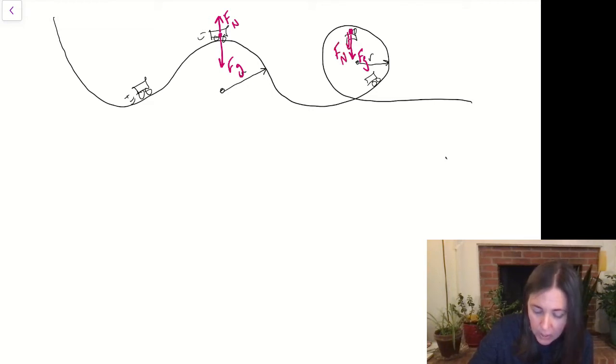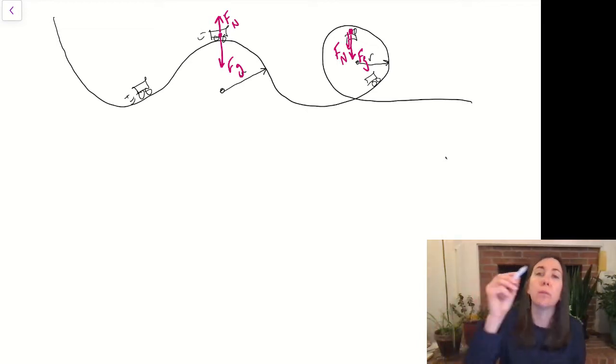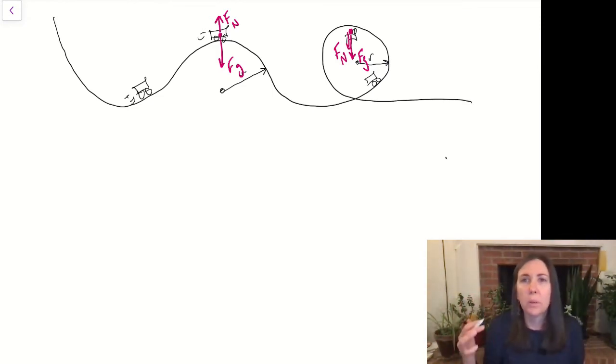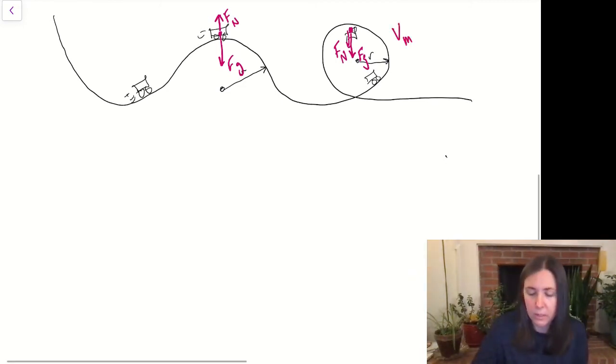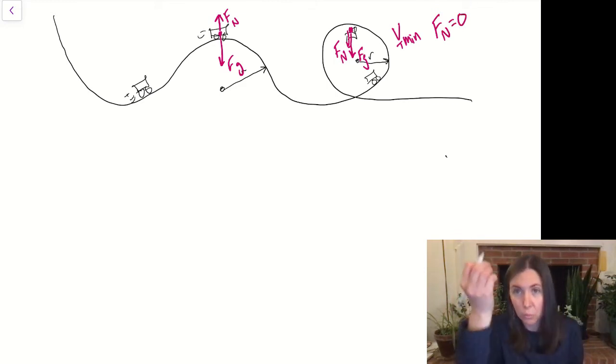The magnitude of that depends on how fast the car is going, because the slower and slower it goes, the bigger the chance it's going to fall off the track. So you can imagine a point where you have some minimum tangential velocity, VT min, where the normal force equals 0, and that's when the car will fall off the track.